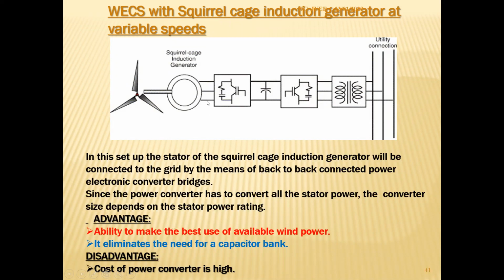Now what happens when there is a variable speed on this wind turbine? The generated voltage and frequency will vary. This converter will supply reactive power to the system at the frequency at which it is rotating, and will convert the developed power to DC and dump it to the DC bus.